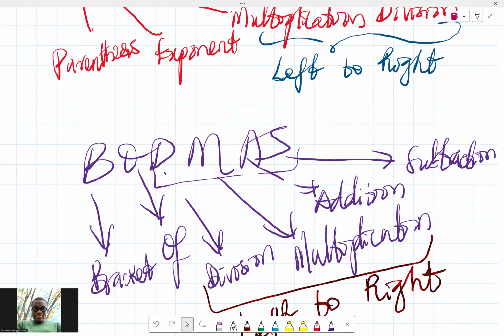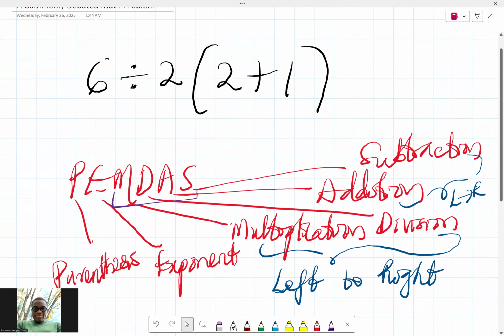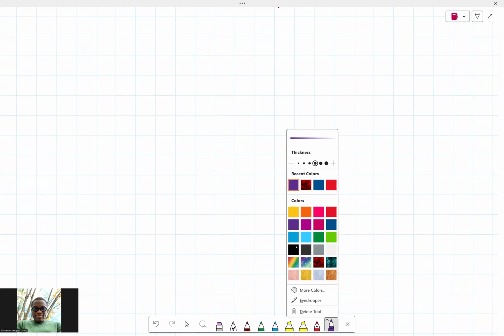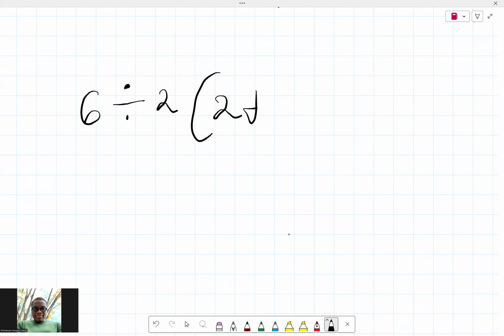With this taken care of, I believe we are ready to solve that simple problem that has generated so much trouble on the internet. So again, you have 6 divided by 2 into 2 plus 1. If you pick either PEMDAS or BODMAS, you're good to go. Anyone you pick is fine.